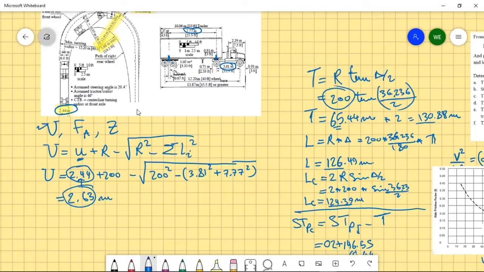What about the front overhang? The front overhang equals, let me just review the formula for the front overhang. Okay, so that's the front overhang.